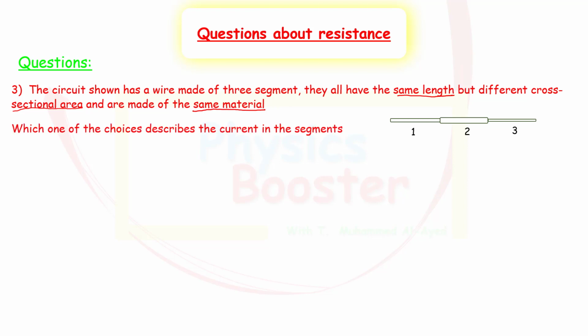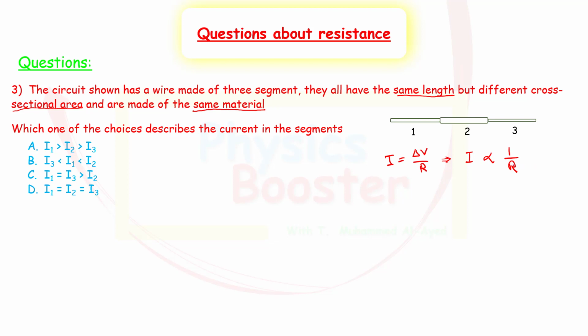So which one of these choices describes the currents in the segment? So it's asking about the current. We know, once again, that I, which is the current, is delta V divided by R. Okay, so we know that each one of these has a different resistance.